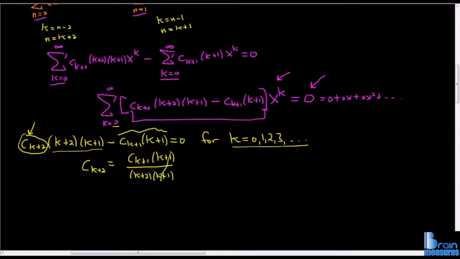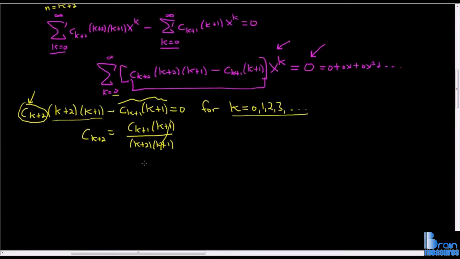So the k plus 1's cancel, so we end up with c sub k plus 2 equals c sub k plus 1 over k plus 2. And this is valid for k equals 0, 1, 2, 3, and so on.